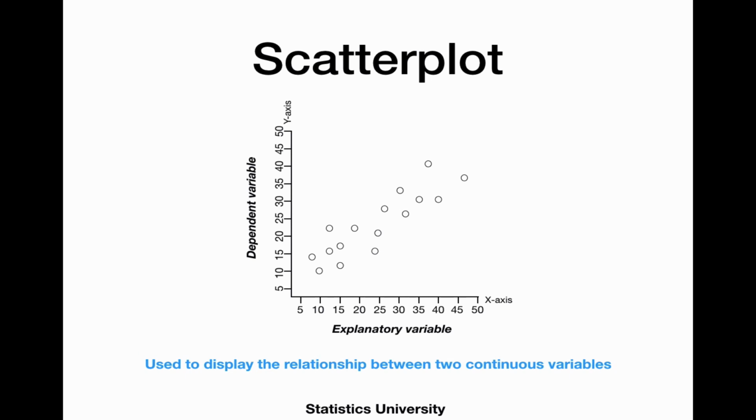Scatterplots are used to display the relationship between two continuous variables, and it's common use to plot the explanatory variable on the x-axis and the dependent variable or the outcome on the y-axis, and then just denote all the scatter dots, values of a dependent variable and the explanatory variable that goes with that.